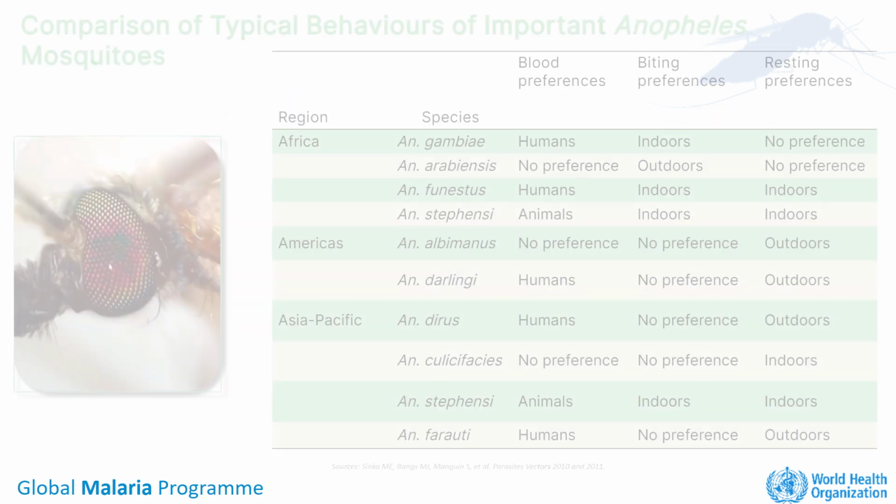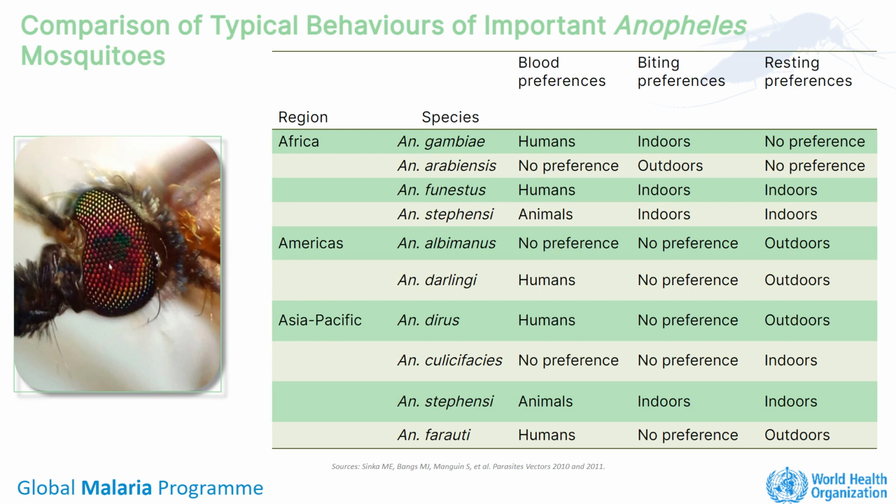We mentioned on a previous slide that there are around 40 Anopheline species that are considered the primary or secondary malaria vectors in an area. We know more about the behaviors of some species than others, and even among the top 40, there are some mosquito species that are more involved in malaria transmission than others.